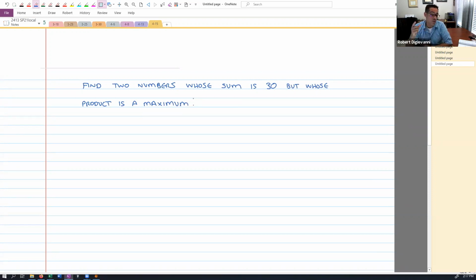Right, so I'm giving you your first word problem related to this section, and it's a weird problem. And again, it doesn't seem like this is very useful, but it gets us starting to think about how we're going to set up word problems. So I want us to find two numbers whose sum is 30, but whose product is a maximum.